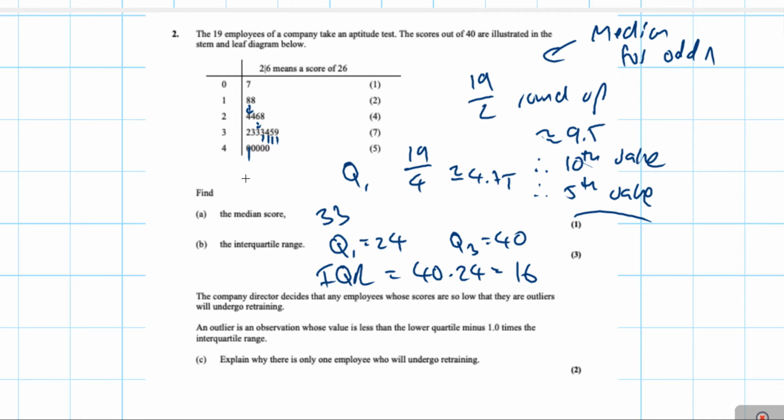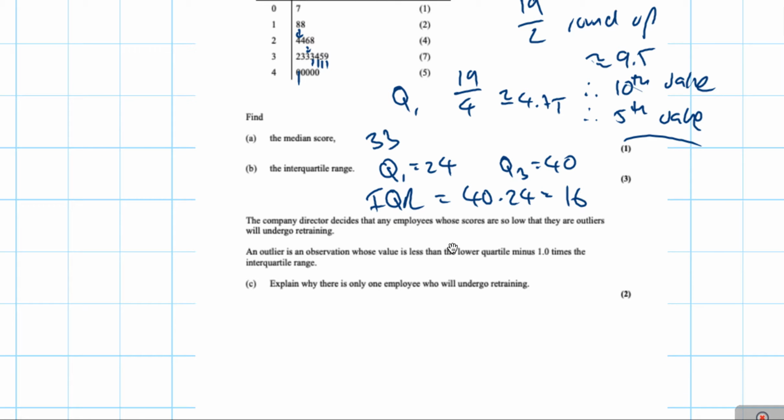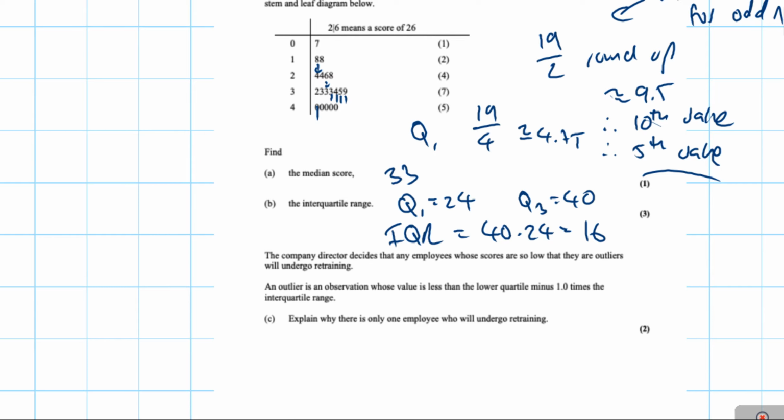The company decides that any employees whose scores are so low that they're outliers will undergo training. An outlier is an observation whose value is less than the lower quartile minus 1 times the interquartile range.